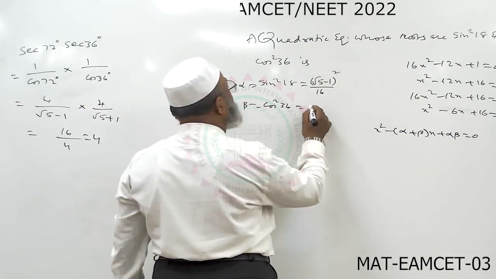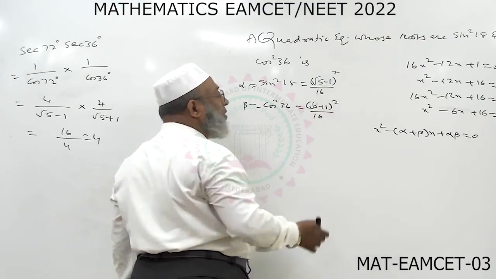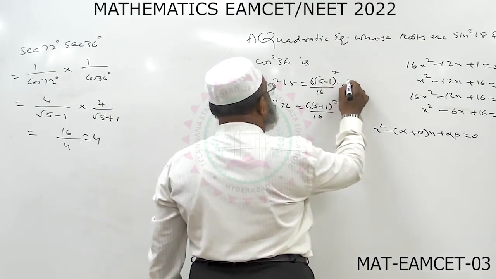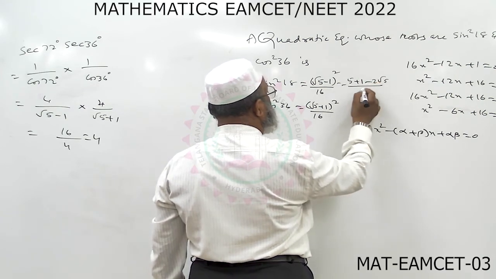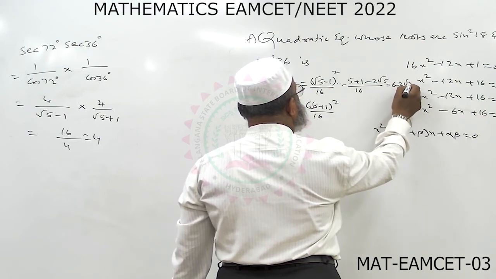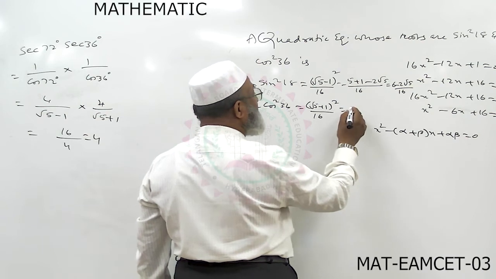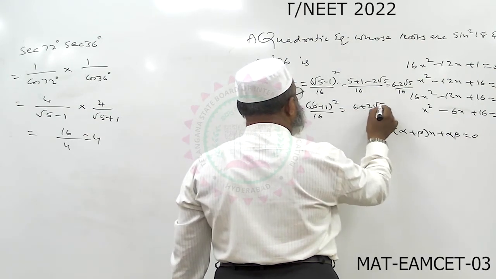Cos 36 is equal to root 5 plus 1 by 4, squared, 4 square is 16. If I expand the numerator, what happens? 5 plus 1 minus 2 root 5 by 16, which is equal to 6 minus 2 root 5 by 16. Similarly, 5 plus 1, that is 6 plus 2 root 5 by 16.